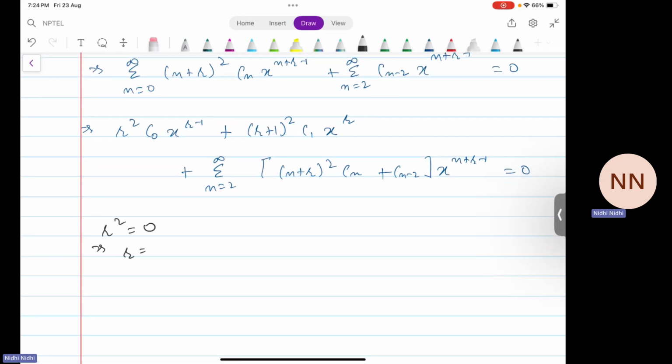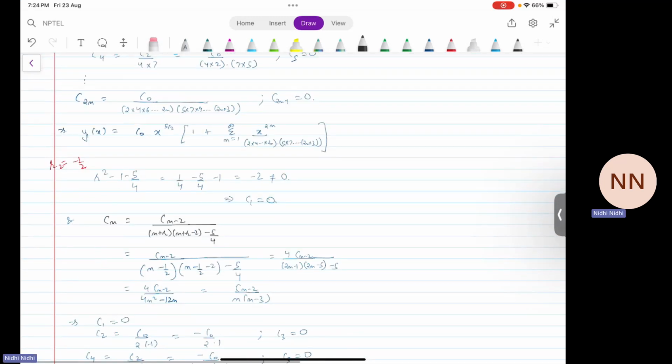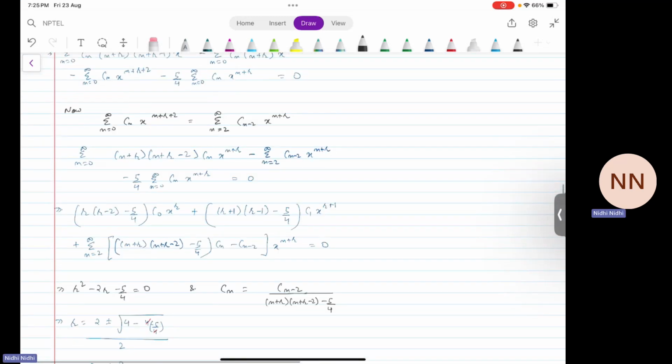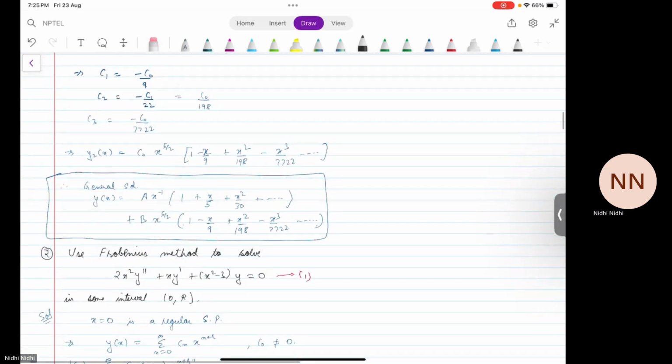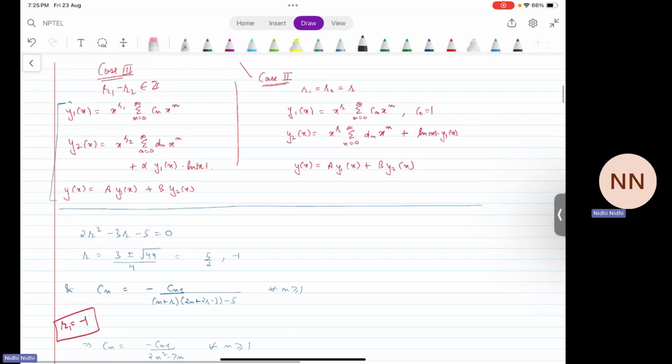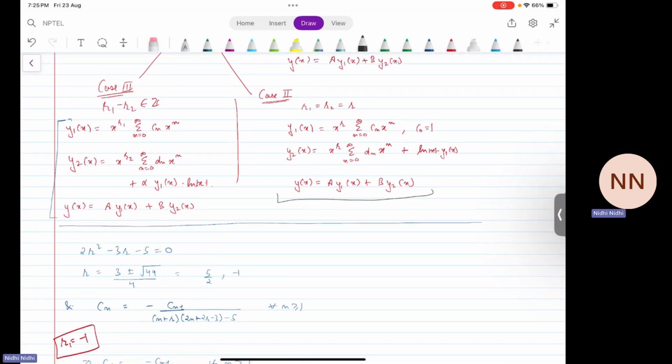So our roots of indicial equation are 0 and 0. So in this case, we have same repeated roots. So this is our case 2. And in this case, a solution y(x) is given by a y1(x) plus b y2(x), where y2 is of the form this.